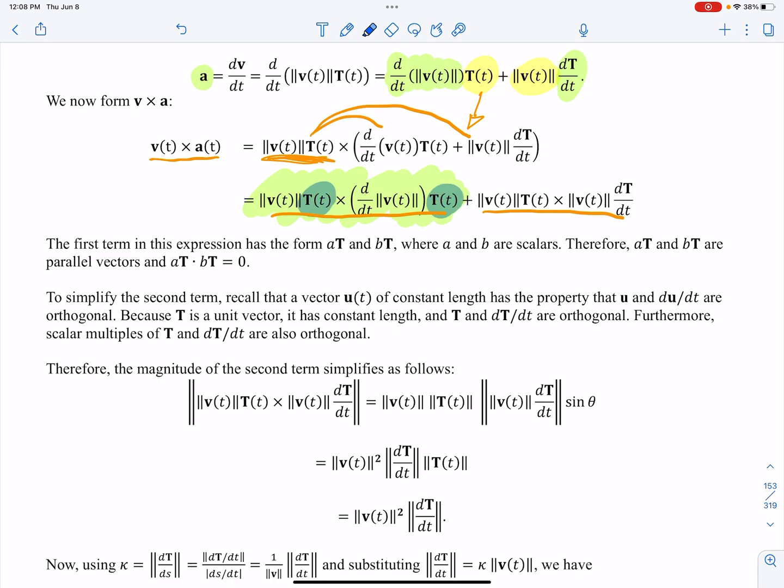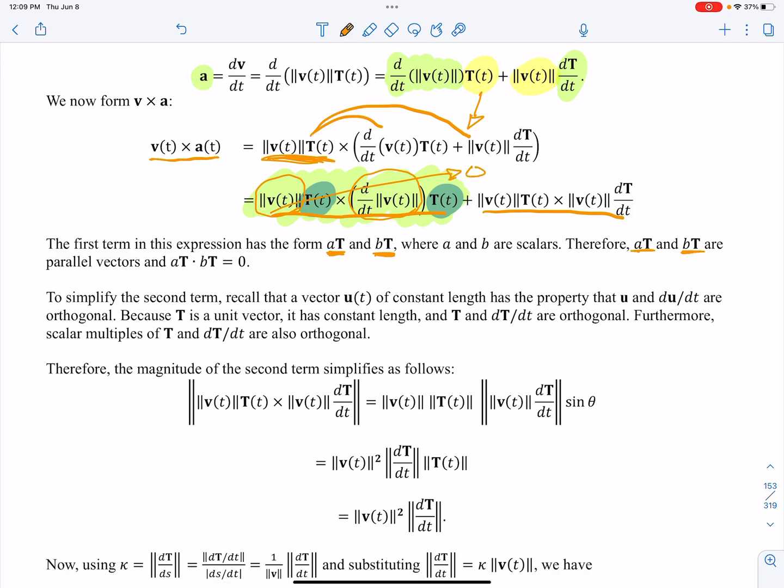The other terms that I did not highlight in the light green, let me show you what I'm talking about. This one is a scalar. This is also a scalar. So we have some scalar times T and some scalar times T there. So those are scalars, and if they are scalar multiples of each other, they're parallel. So when I cross them, they run in the same direction. That means this whole term here is 0.